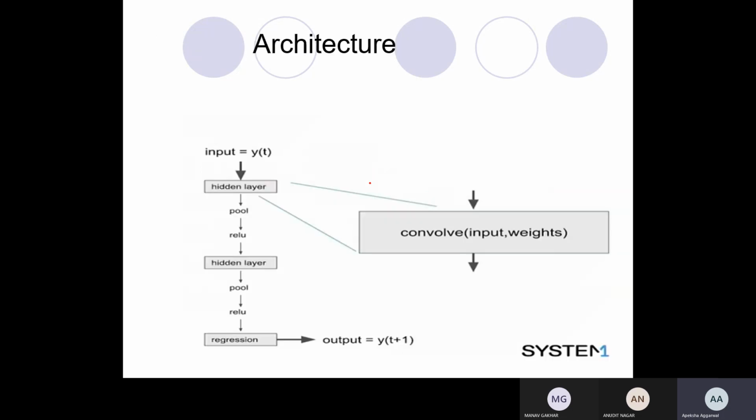Now this is the architecture. In the simple architecture, first you apply convolution, you apply pooling, then you apply activation, basically to the whole of these. One thing you might remember is that only the hidden layer, that is your filter, has learning parameters.